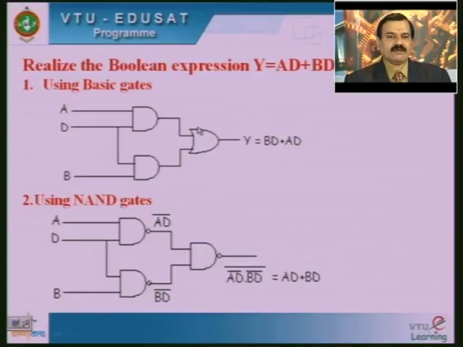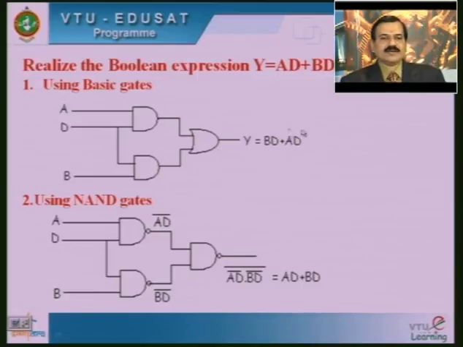So finally, after adding BD from this output and AD from this, using the OR gate, the output value Y looks exactly like AD plus BD. But here interchange is possible, hence we can also write BD plus AD.